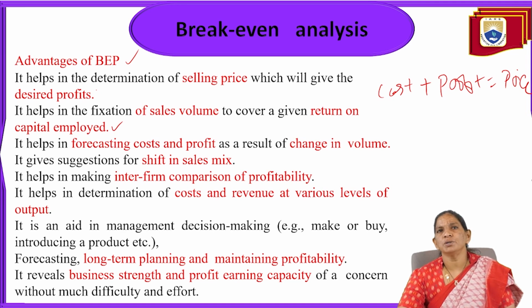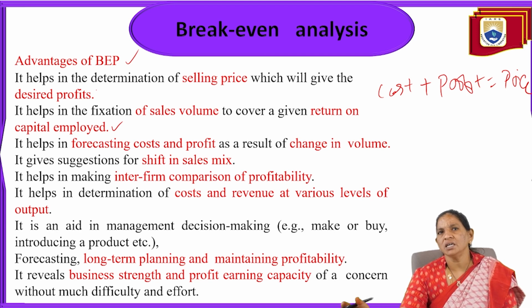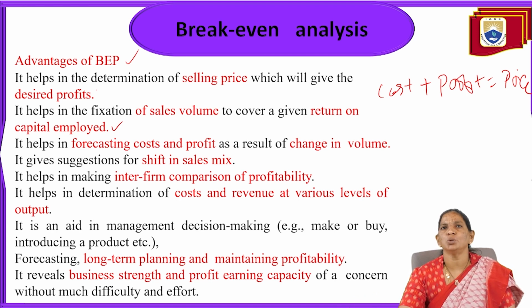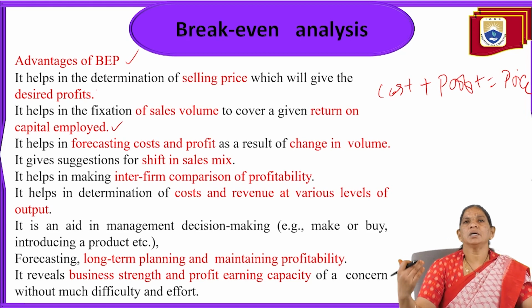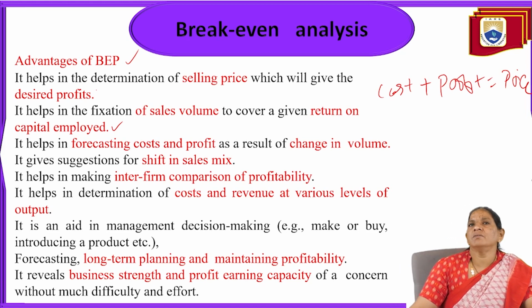So for a product, by giving 1 lakh rupees of capital, we are getting a return of 20% through production of goods and services. Means fixation of sales volume: how much we should produce, that type of sales volume we can fix to identify the return upon the capital through this BEP point.